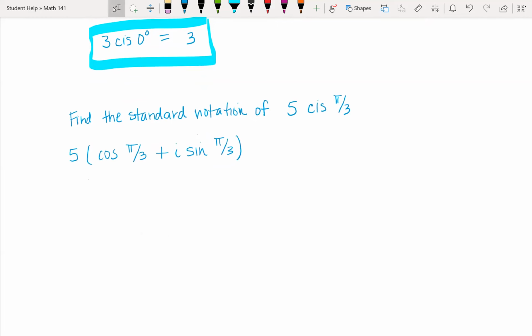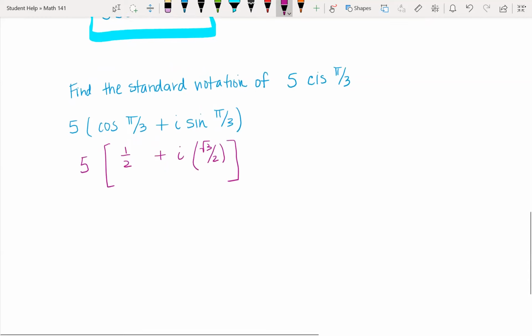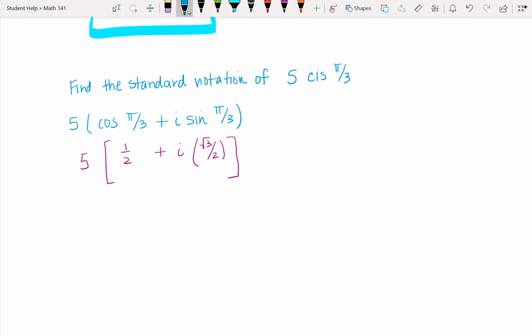The cosine of pi over 3 is 1/2. And the sine of pi over 3 is square root of 3 over 2, right? So 5 times 1/2 will be 5 over 2.